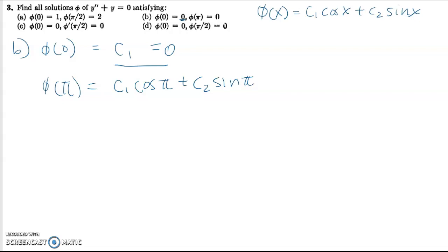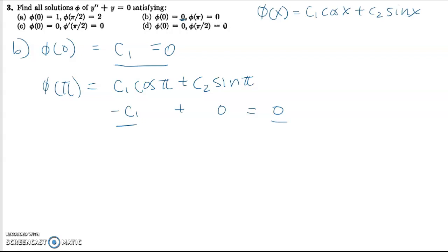Cosine of pi is -1, so we have -1 times c1, plus sine of pi is 0, so it's just 0. So we have that equal to 0. So we get that negative c1 equals 0, which means c1 is 0.